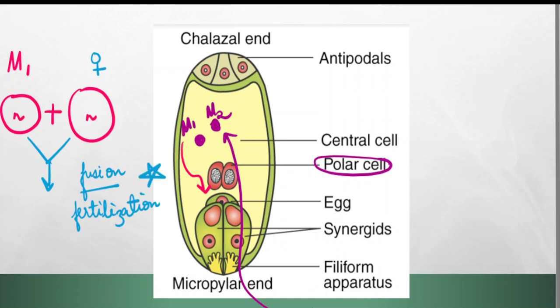Here fertilization occurred, and N plus N is nothing but 2N. This is where the formation of the zygote occurred. Again I am repeating, the first male gamete fused with the egg.